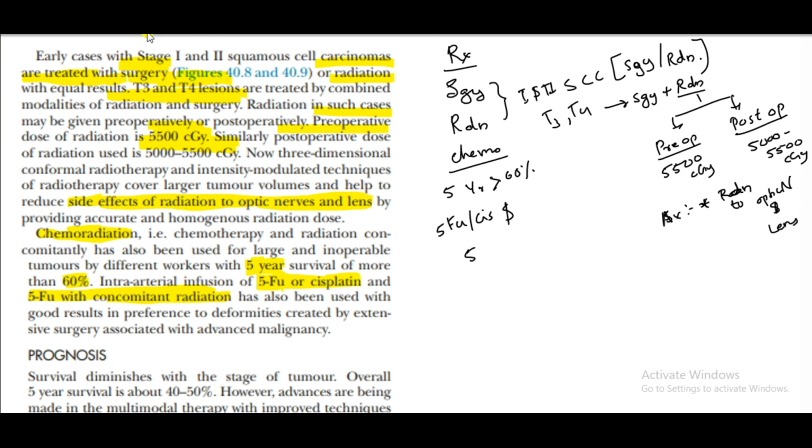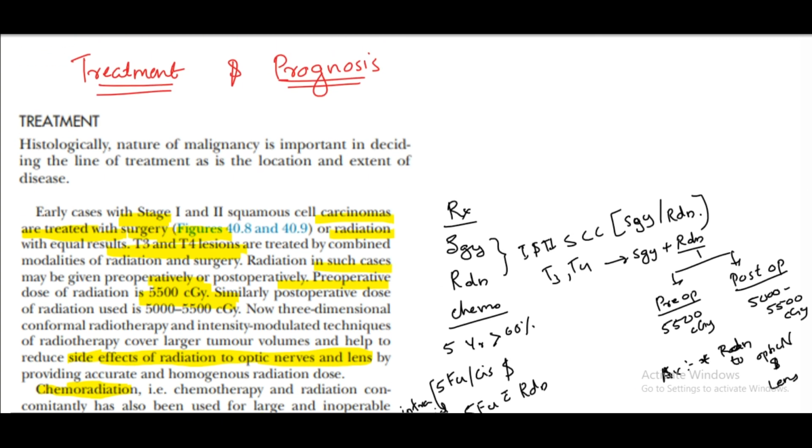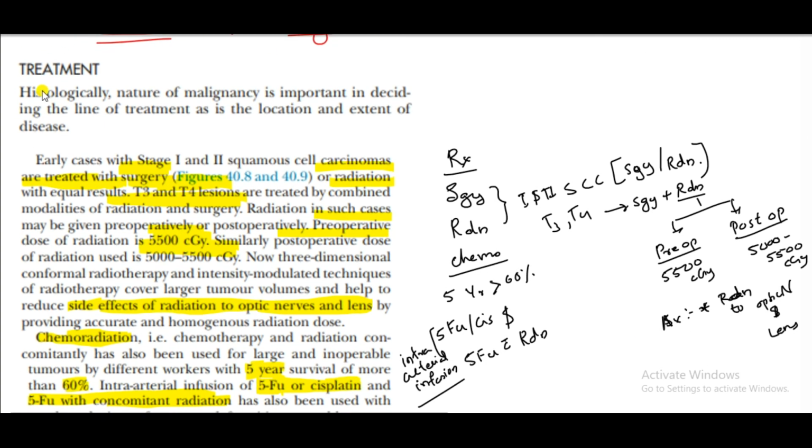In chemotherapy, we have a greater than 60% survival rate at 5 years. We use 5-fluorouracil and cisplatin, and also 5-fluorouracil with radiation, and 5-fluorouracil and cisplatin by intra-arterial infusion.